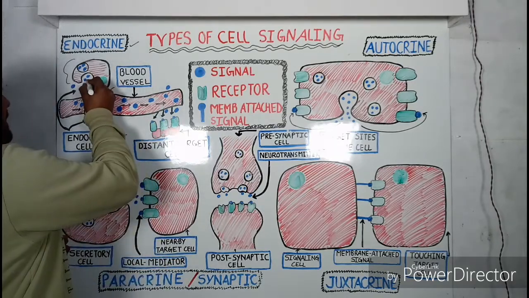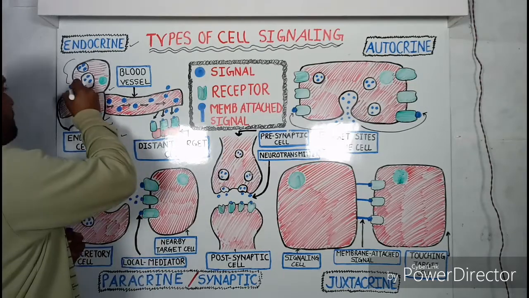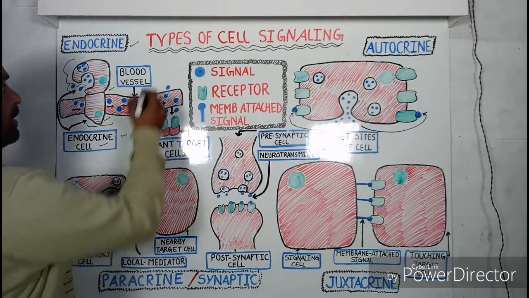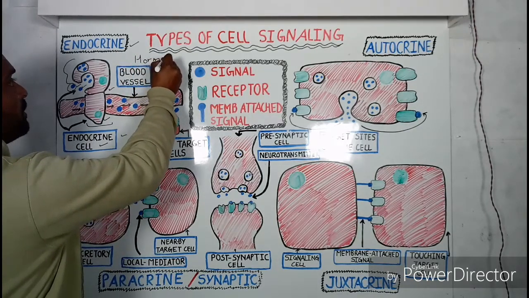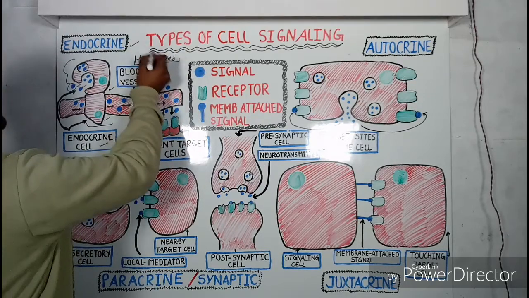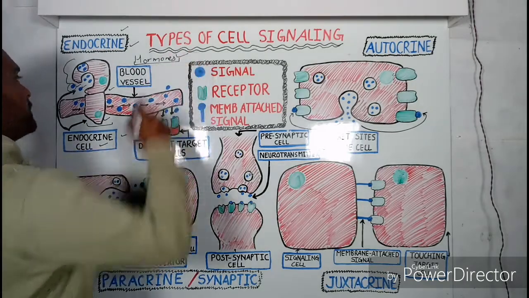Now they are synthesizing these signals, in blue color. Here specifically these signals are known as hormones. So the signals in endocrine signaling are known as hormones.